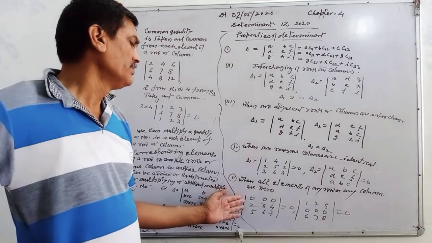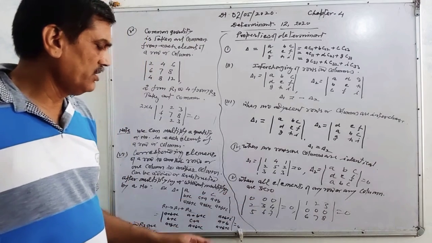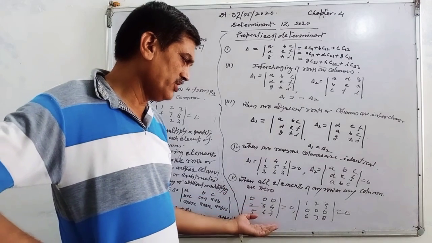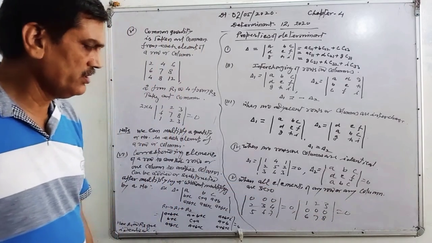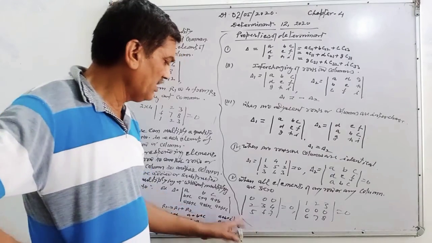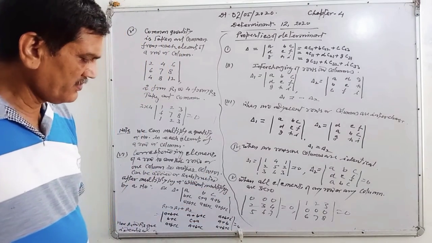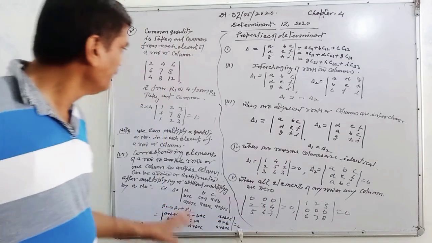In this example, all elements in the first row are 0, so the result will be 0. In this one, all elements of the second row are 0, so directly you can write the result 0. There is no need to solve the question.